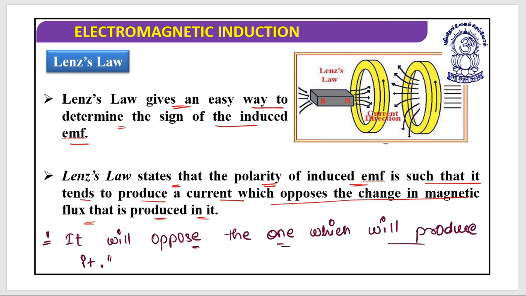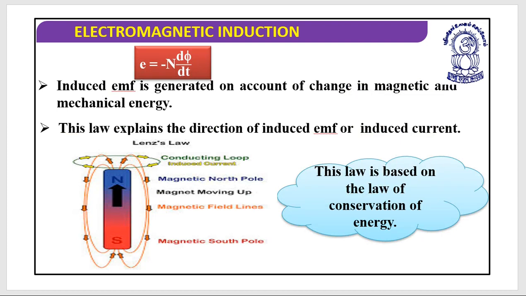Now let's take an example and you will come to know what is going to happen. First let's discuss certain things and then we will switch to the numericals. The induced EMF E can be given as minus n into d phi by dt, if the coil has n number of turns. So E is equal to minus n d phi by dt.